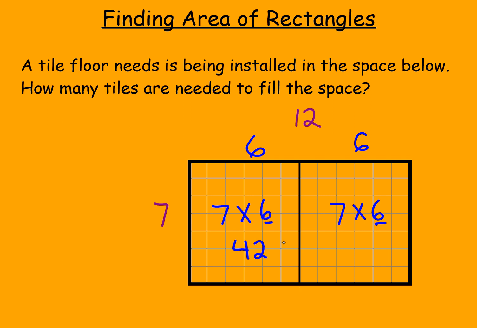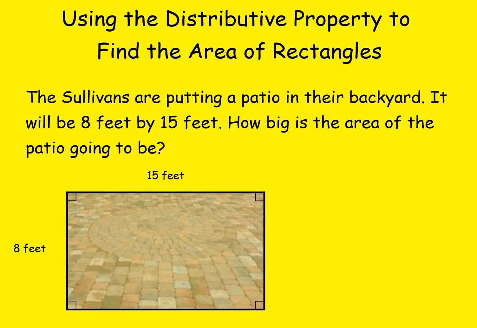This would be 42, so this one is 42, so that's what I'm going to add. 42 plus 42 equals 84. So, using the distributive property, the distributive property means that we decompose one of the factors.